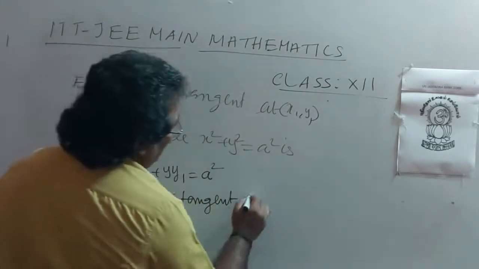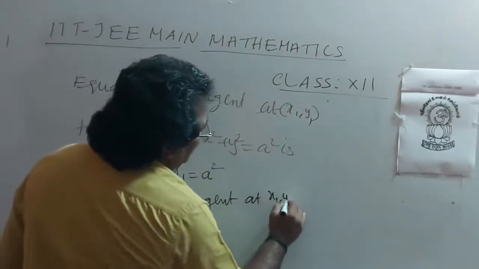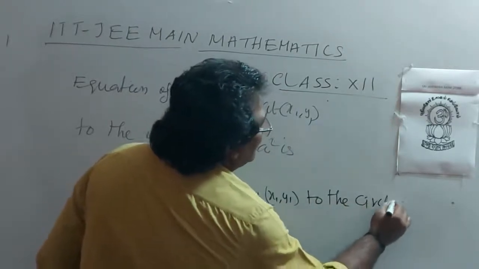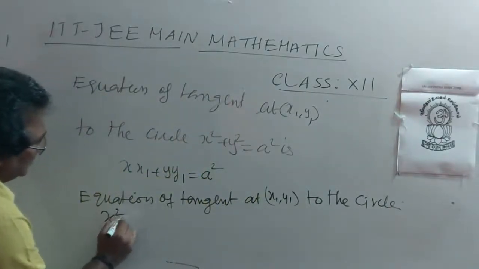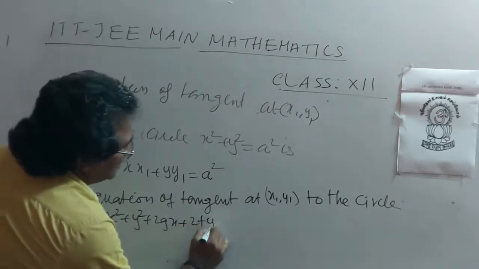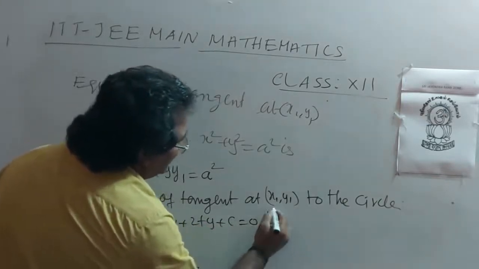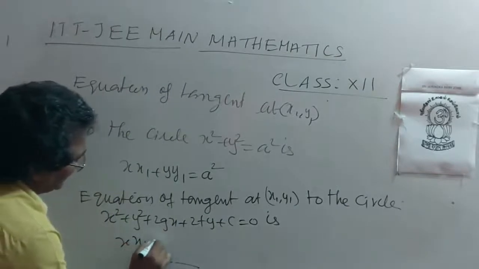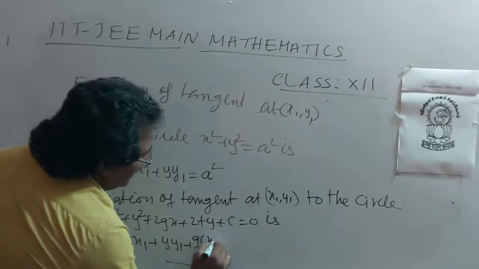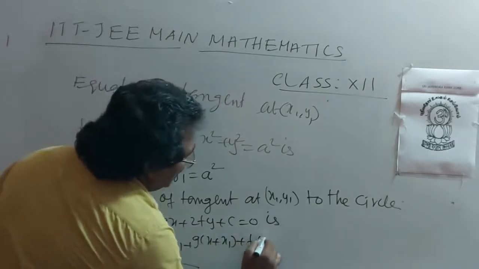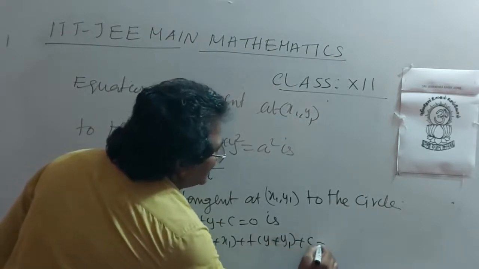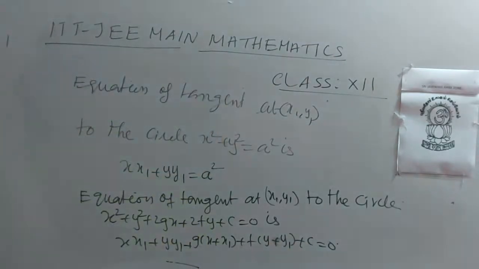Equation of tangent at x1 y1 to the circle x square plus y squared plus 2gx plus 2fy plus c equal to 0 is x x1 plus y y1 plus g into (x plus x1) plus f into (y plus y1) plus c equal to 0.